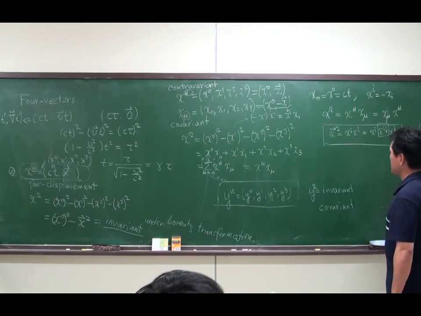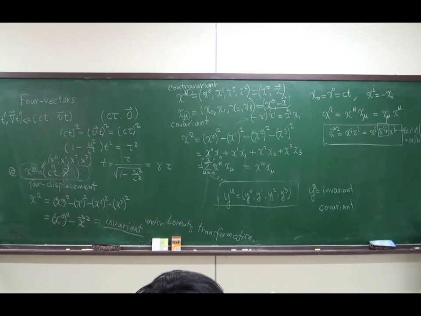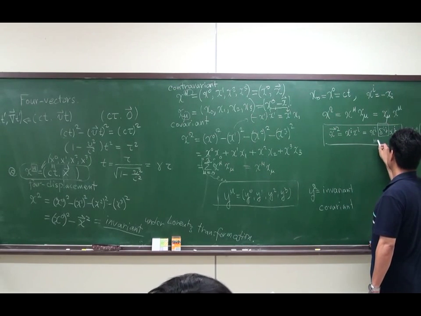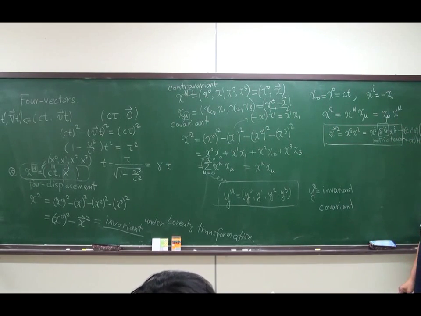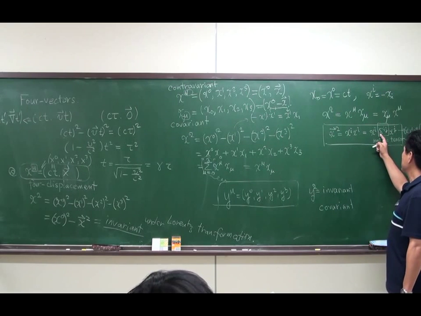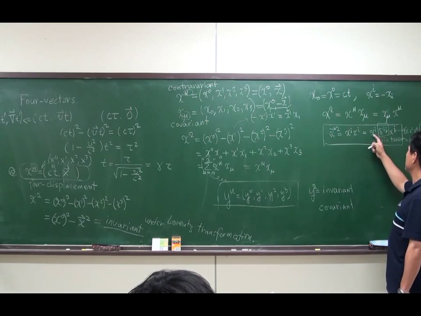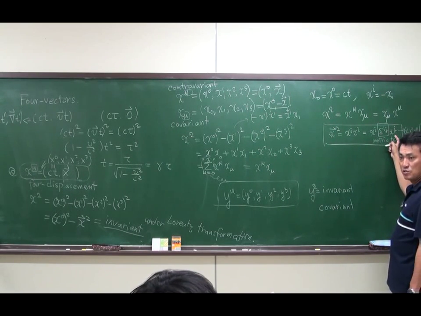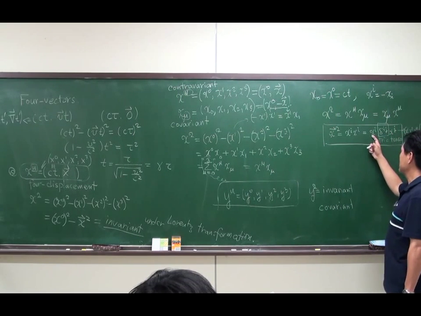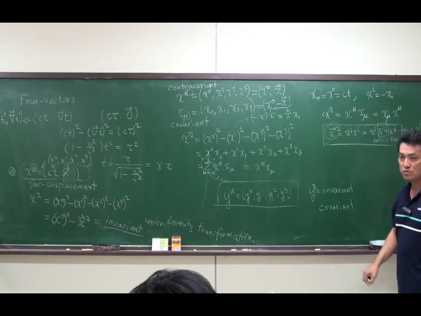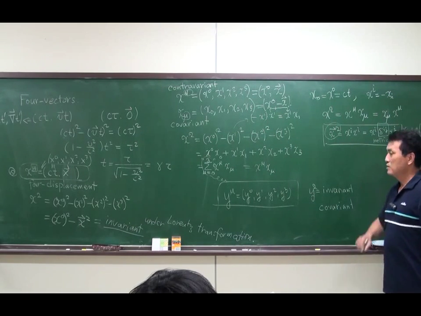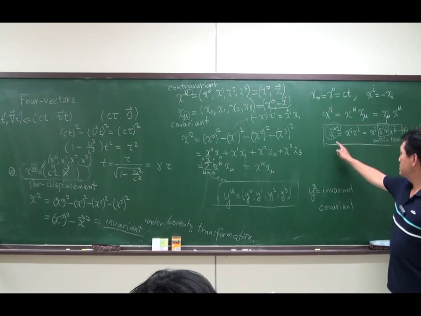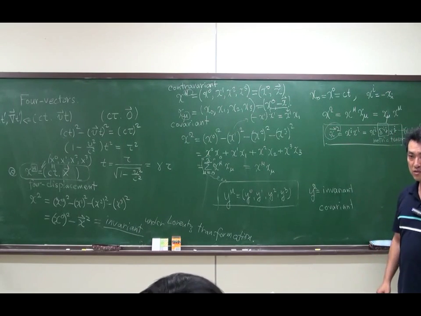Here this Kronecker delta is a metric tensor. A metric tensor is a matrix that is sandwiched by two vectors to make this product the length squared. In the case of a Euclidean vector, this is really a length squared.